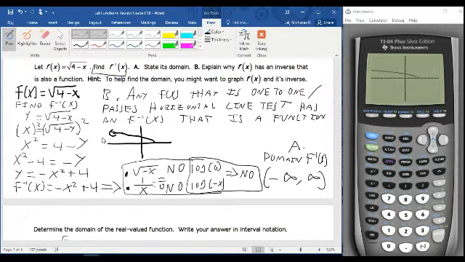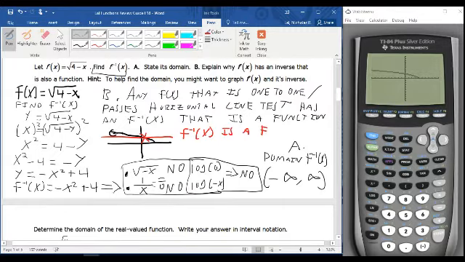It passes the horizontal line test. So the inverse of f of x is a function because f of x passes the HLT. So it passes the horizontal line test, so therefore the function is 1-to-1. So therefore the function has a working inverse.